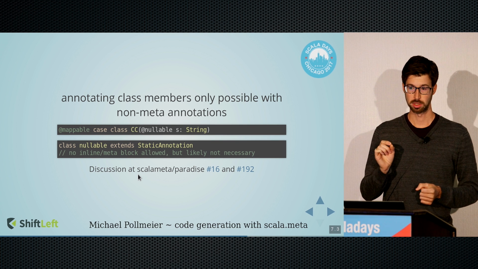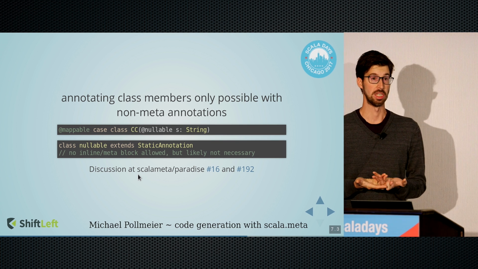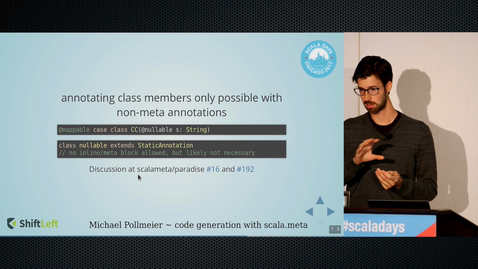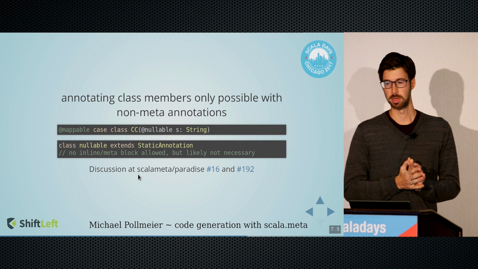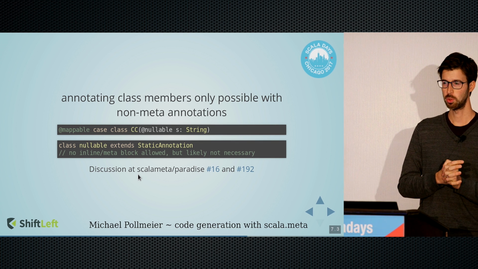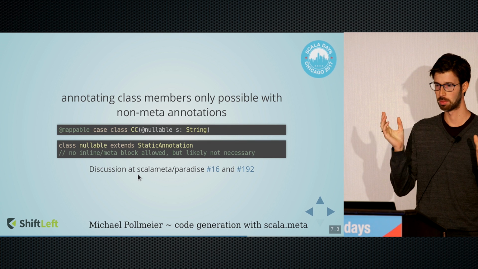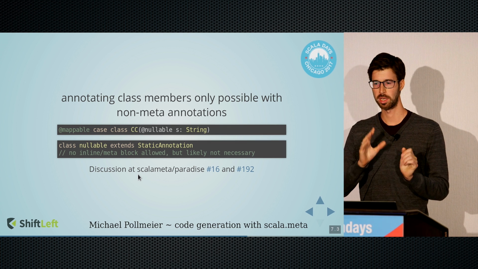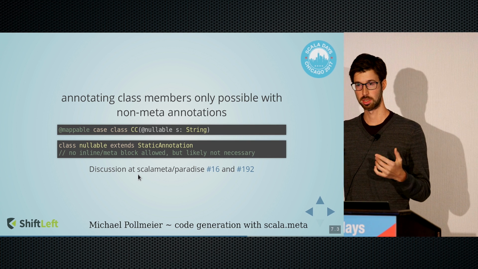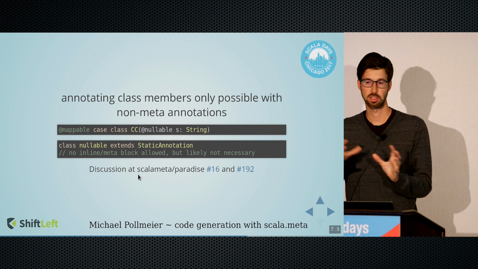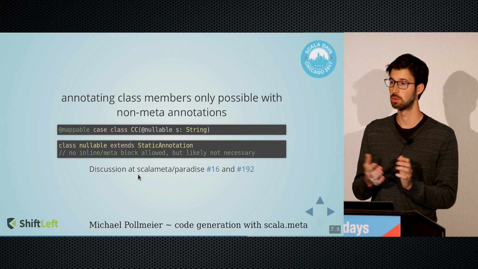I say this because normally you don't actually need to. I don't think so. There's some discussion on there: is that even a use case? It probably isn't. But when I tried to do it, I intuitively just added my inline meta block, and I got some weird exception. So that's going to get changed to some nicer error, because it actually doesn't make sense. You actually don't need it.